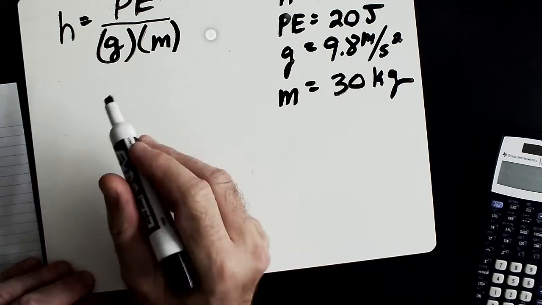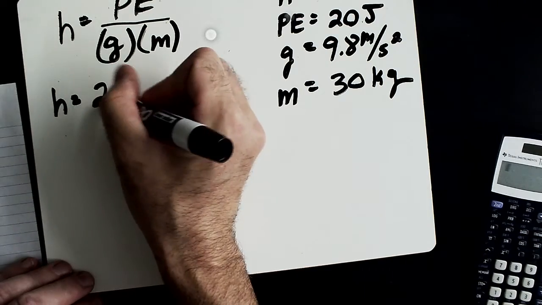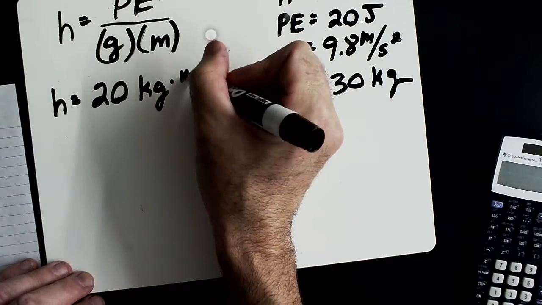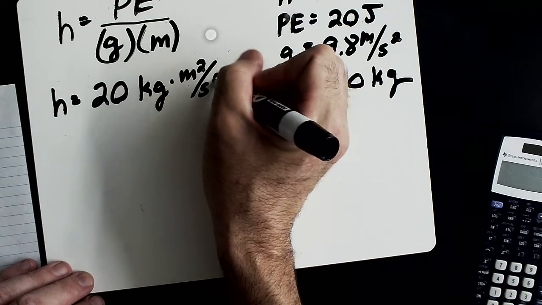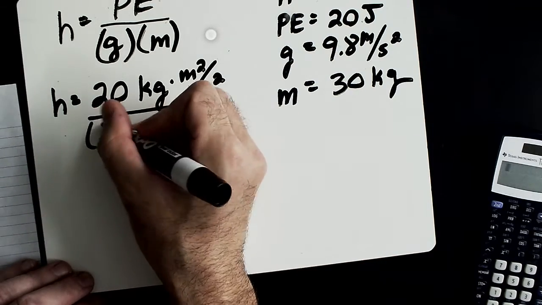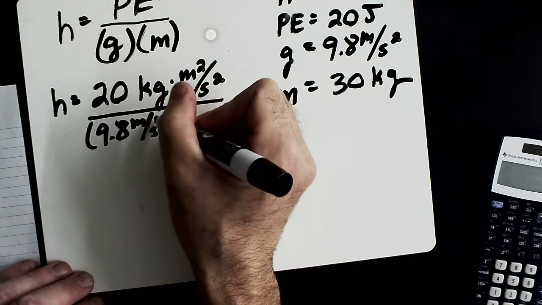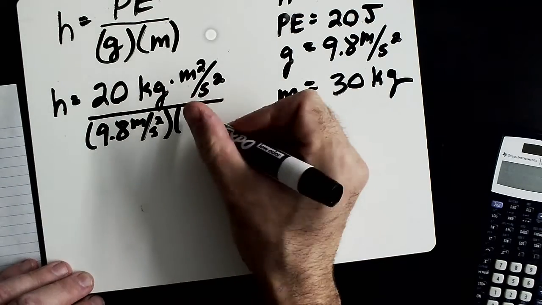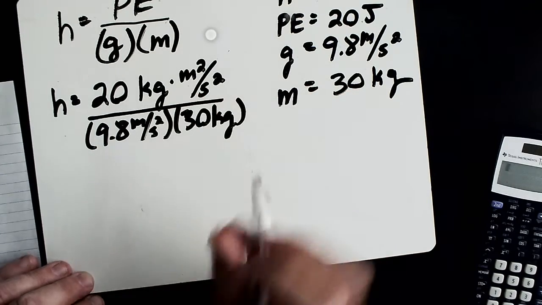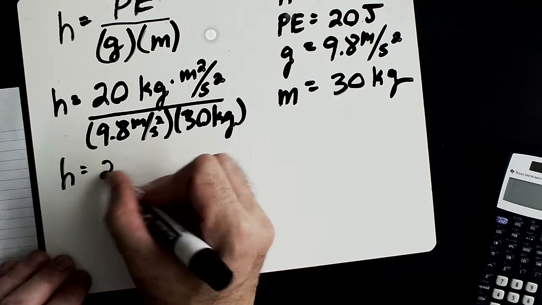Okay, now you plug it in. So H equals 20 kilogram meters squared over seconds squared, over 9.8 and 30. Plug it in. Order of operations, one step at a time.